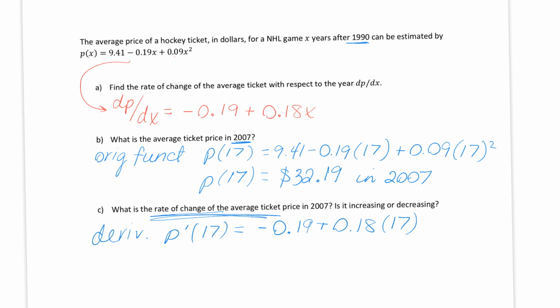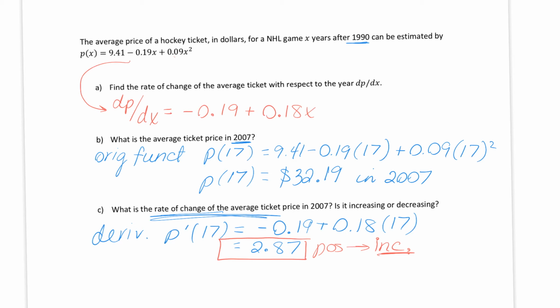And what do we get? Crunch some numbers. Survey says 2.87. So the price increased by 2.87. It's positive, so therefore, the rate is increasing. Hockey must be doing well if the ticket prices are going up.